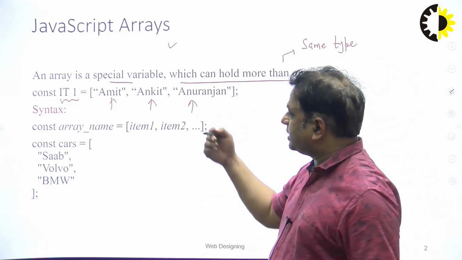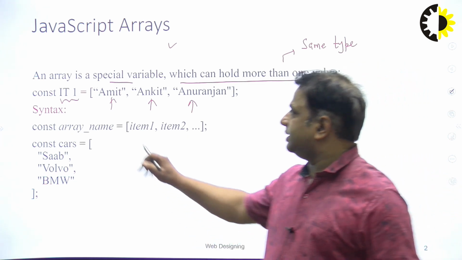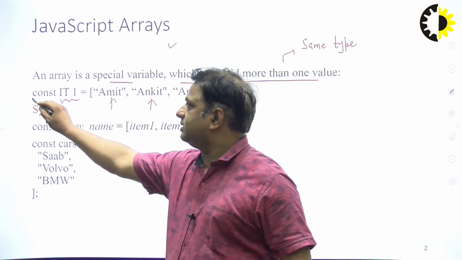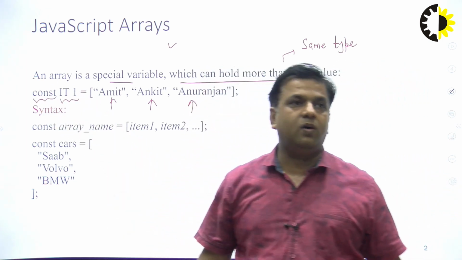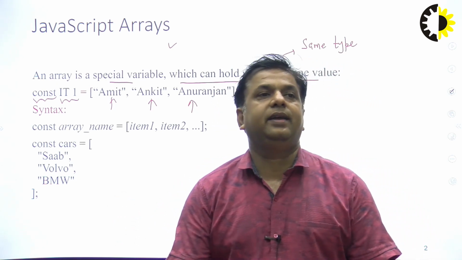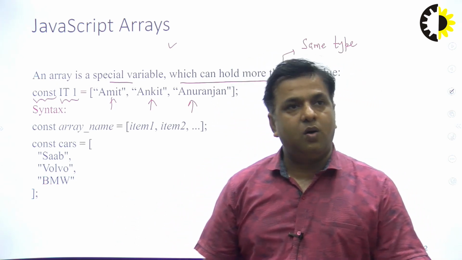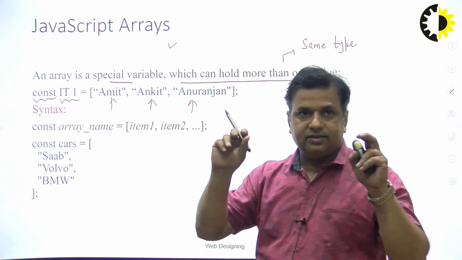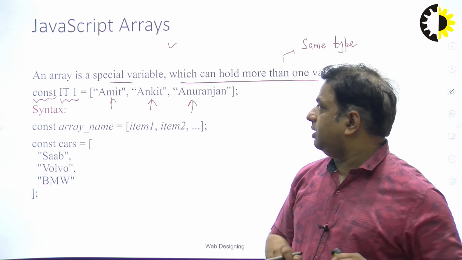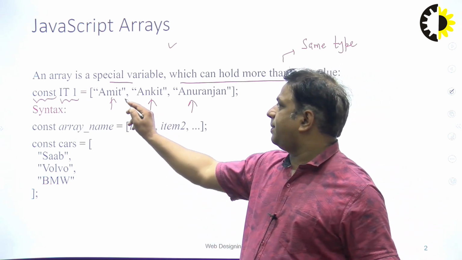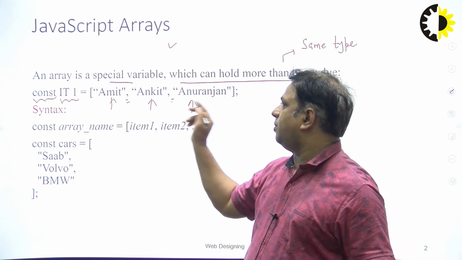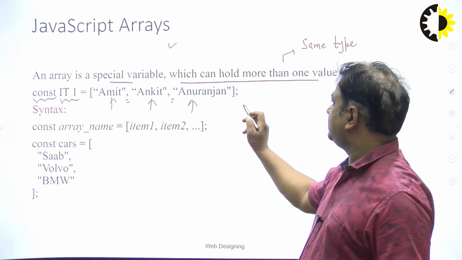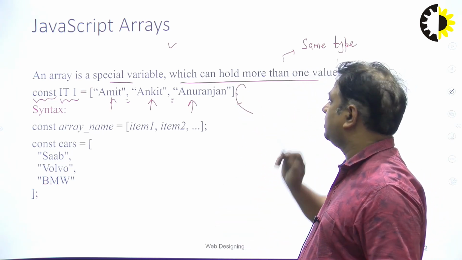Let me explain this line of code: this is the name of the array and this is the type of the array, that is const. In JavaScript generally we take the array as const, and string elements are written between double quotes, separated by commas, and each statement is terminated by a semicolon, right?